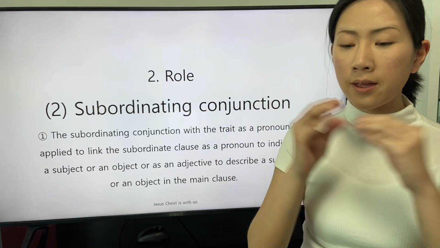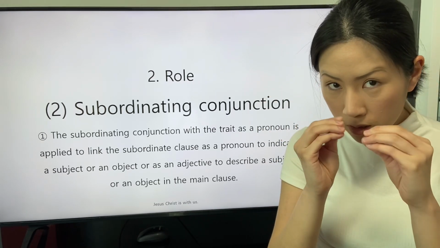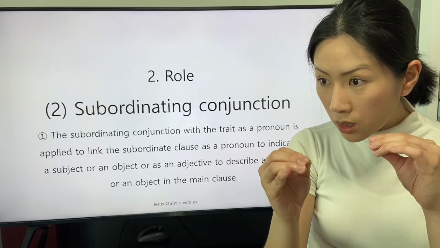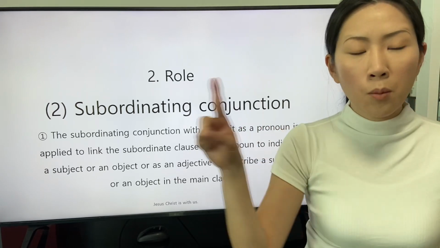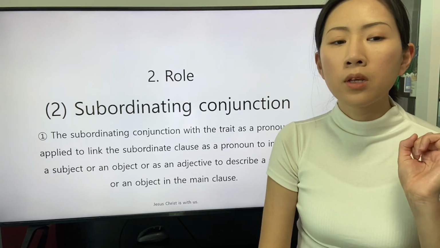So we can understand that the subordinating conjunction that has a trait as a pronoun is applied in the subordinate clause that has the trait as a pronoun as well.